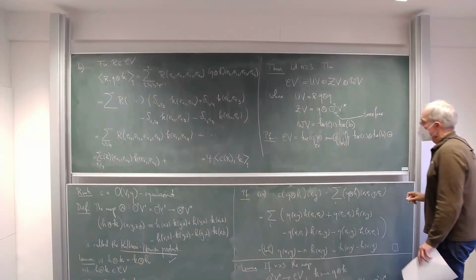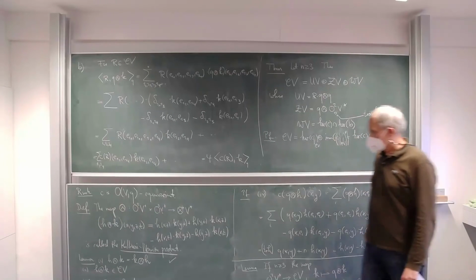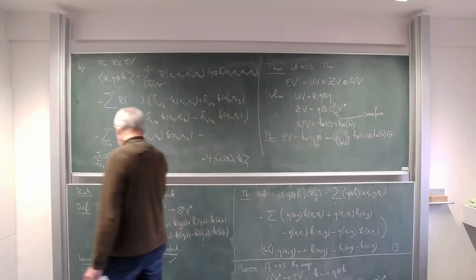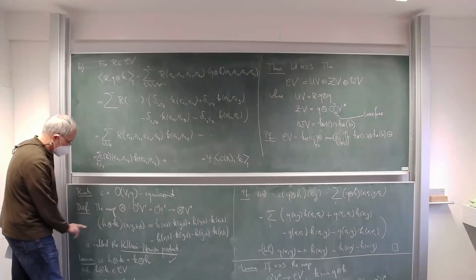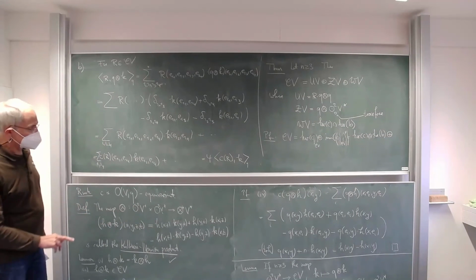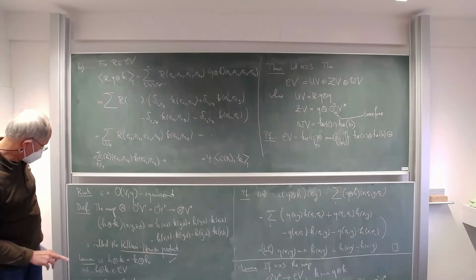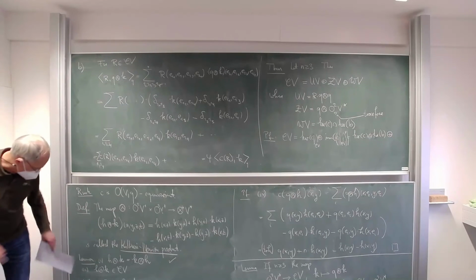And here, we know that the adjoint of this map is given as the Kulkarni-Nomizu product with Q. That's what we just proved. Yes. So last property here.